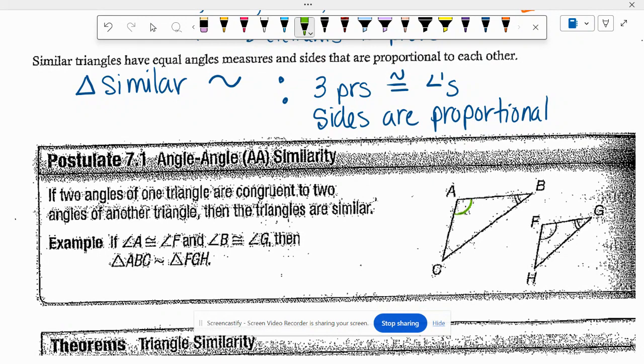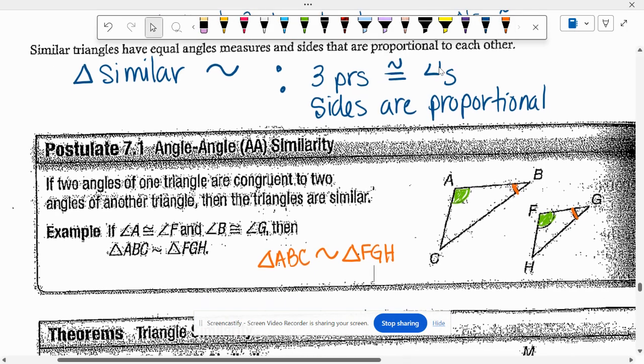So if angle A is congruent to angle F and angle B is congruent to angle G, then I can say that triangle ABC is similar to triangle FGH. That's what angle similarity looks like.